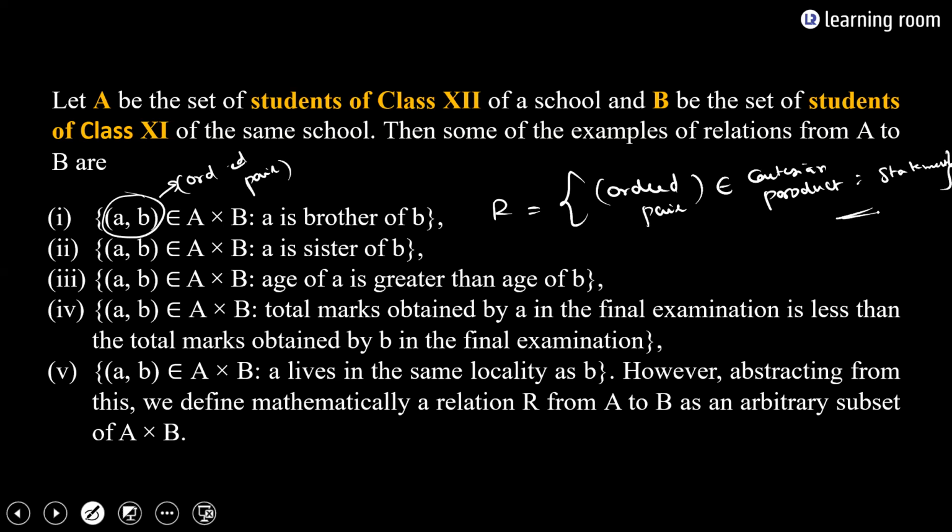Can I say that this is going to be the generic way of writing a relation? So if you understand this, half of the headache is gone. You'll be able to write any relation on your own. Right? Shall I proceed?